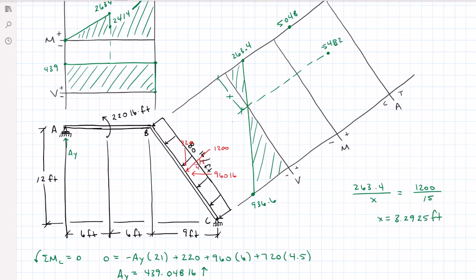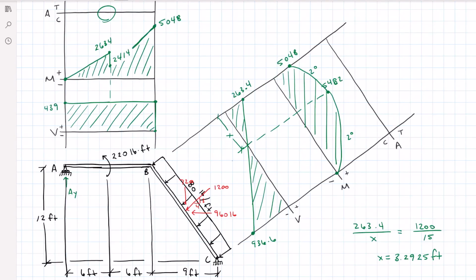I have a constantly decreasing positive shear, so I'm going to have a constantly decreasing positive moment slope of 2 degrees. And then I'm going to subtract the area out of the second half of that shear diagram. So that's 1/2 of 936.6 times 15 minus 3.2925. That's going to get me all the way down here to 0 with a 2nd degree constantly decreasing slope curve.